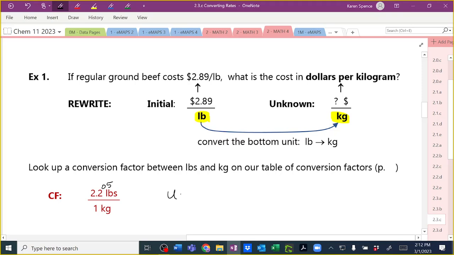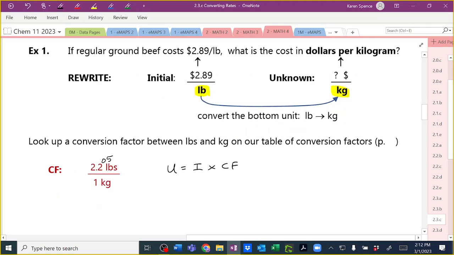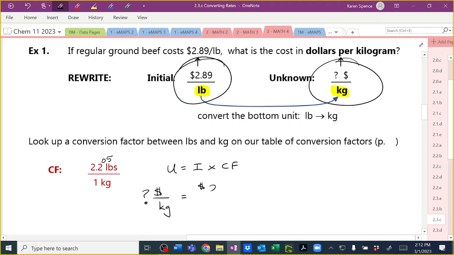So we want our unknown equals our initial times the conversion factor. Our unknown is the dollars per kilogram. Our initial quantity is the $2.89 per pound.